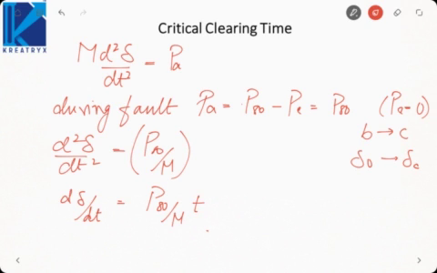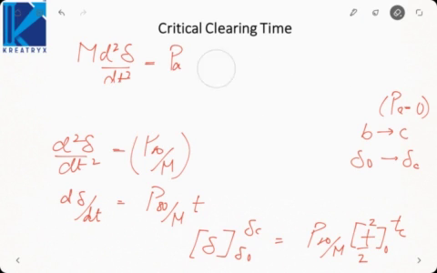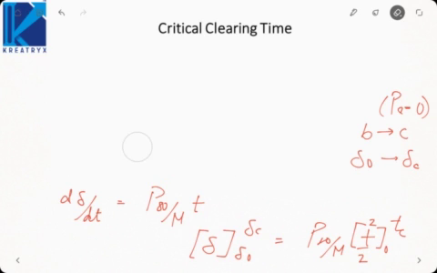Integrate again, we will get delta, which goes from delta naught to delta C. We will have time. If fault occurs at t is equal to 0, we will go from, integration will be t square by 2, we will go from t naught 0 to tc. Okay, assuming that the fault occurs at t is equal to 0. That is, at t is equal to 0, I am at point B, which is equal to delta naught.